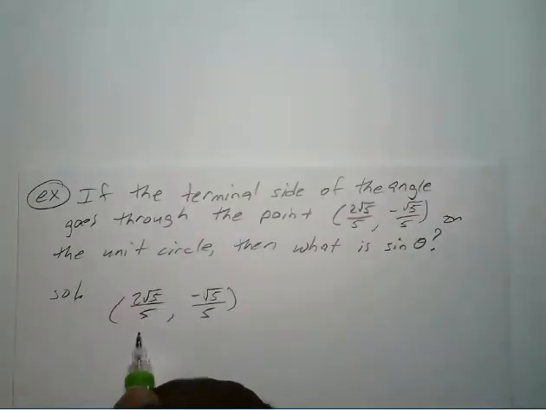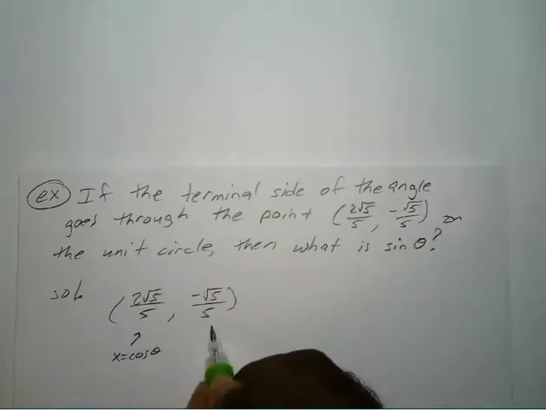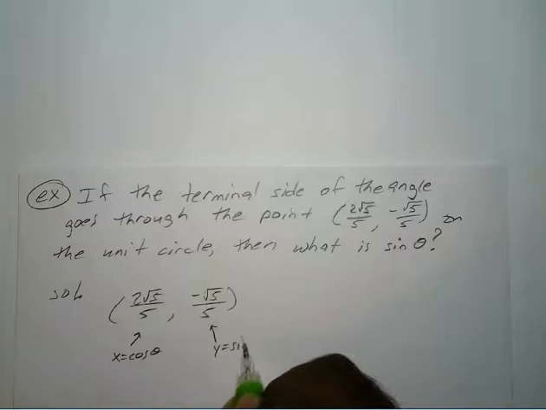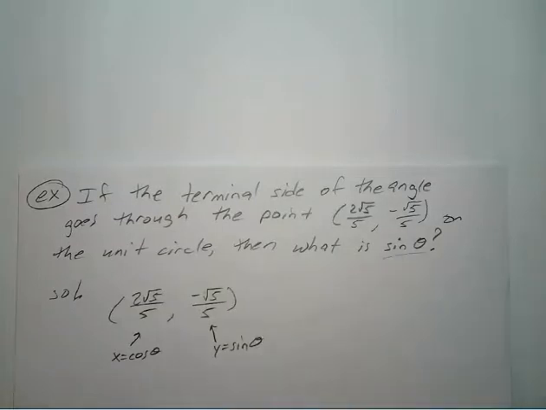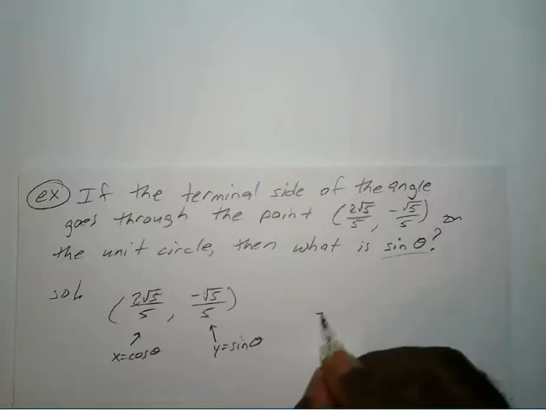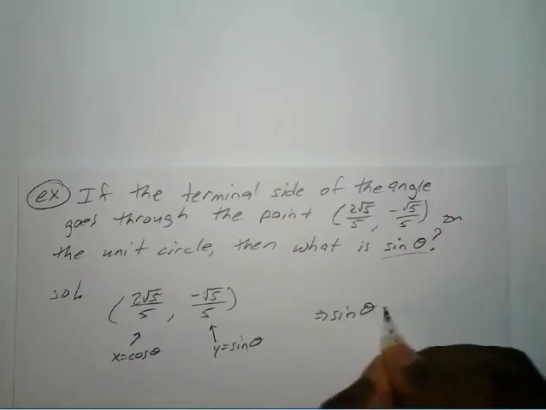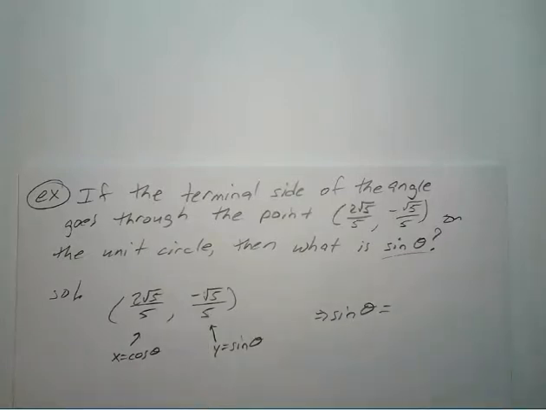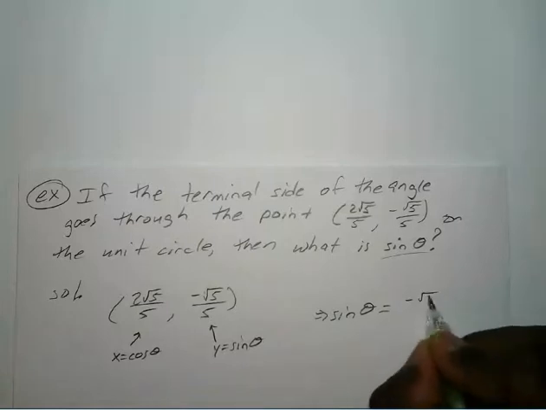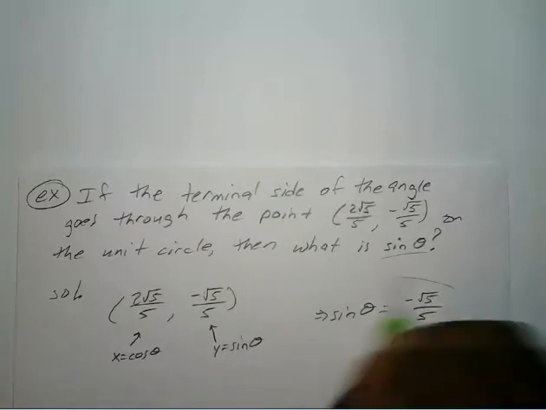So since this is your x, and this is your y, they just asked, what's your sine theta? That means your sine of theta is just your y value, negative square root of 5 over 5.